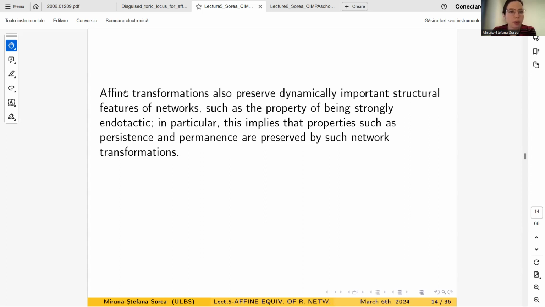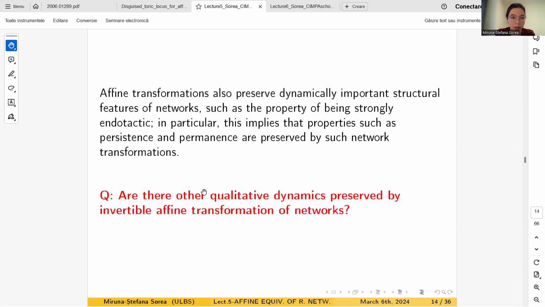So what I want to say is that affine transformations preserve some structure that has dynamical meaning, the structure of the network. That's why we also asked if there are other properties preserved by such network transformations. Besides what we saw, the disguised toric locus and dynamical equivalence, what else from the dynamics can we preserve once we apply the affine transformation?